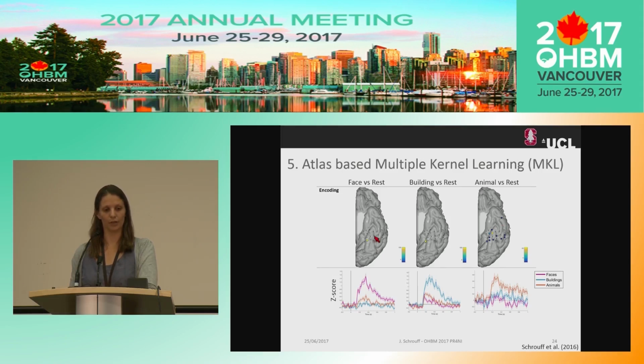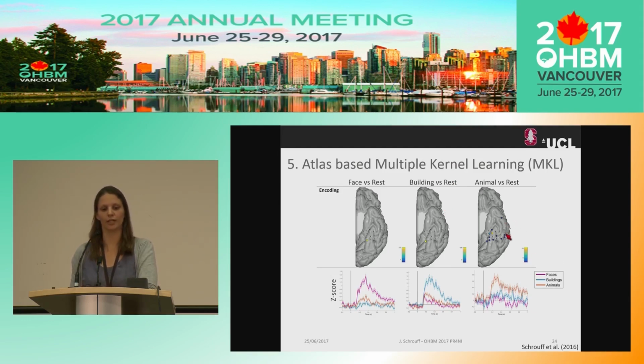Here a patient was looking at different images of faces, buildings, and animals, and I compared that to a rest session. I computed the MKL not using anatomically defined regions, but using each electrode separately. We see that the MKL just picks one electrode, in that case for faces versus rest. That electrode has a really high signal to noise. It's also the only electrode that is picked by a univariate test. For buildings, it's the same thing, also the only electrode picked by a univariate test.